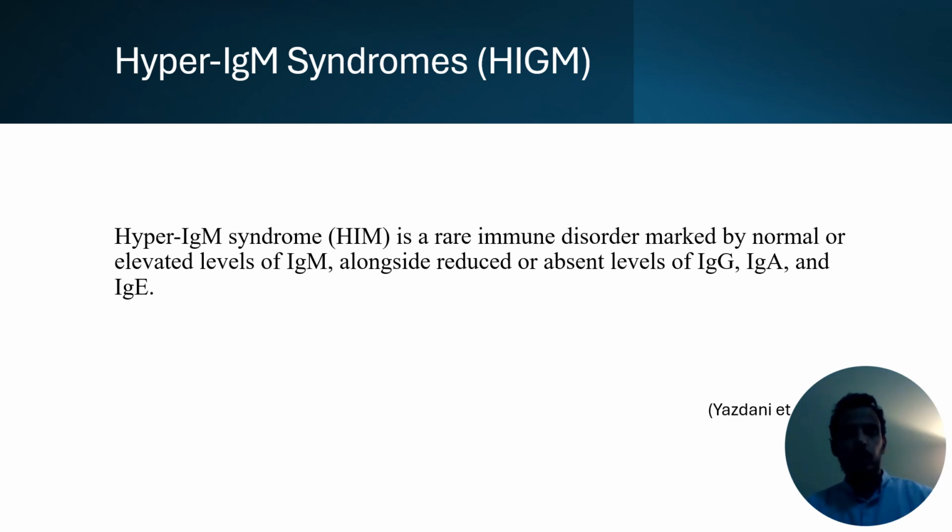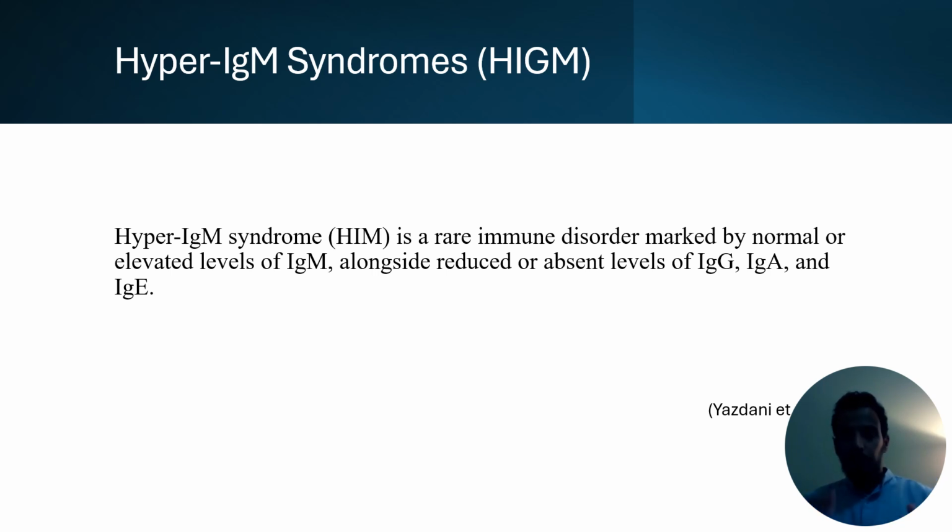This slide shows an overview of hyper-IgM syndrome, which is a rare immune disorder that significantly affects the body's ability to fight infection. Patients with hyper-IgM syndrome have abnormal immunoglobulin levels.